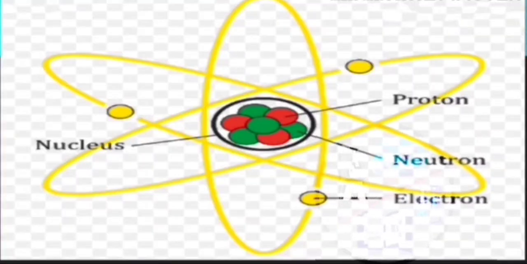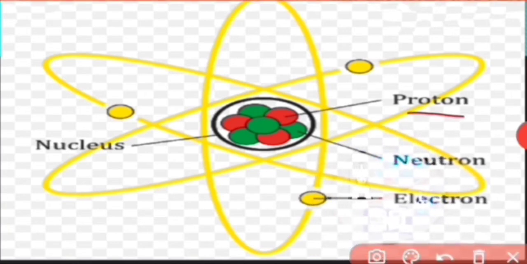This is the structure of an atom containing the positively charged protons and neutral neutrons. Protons and neutrons are present inside the nucleus of an atom, which is a small, dense area present at the center of every atom.